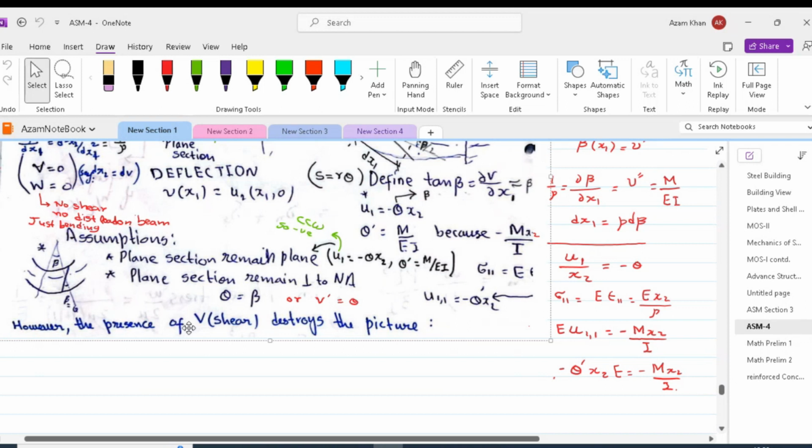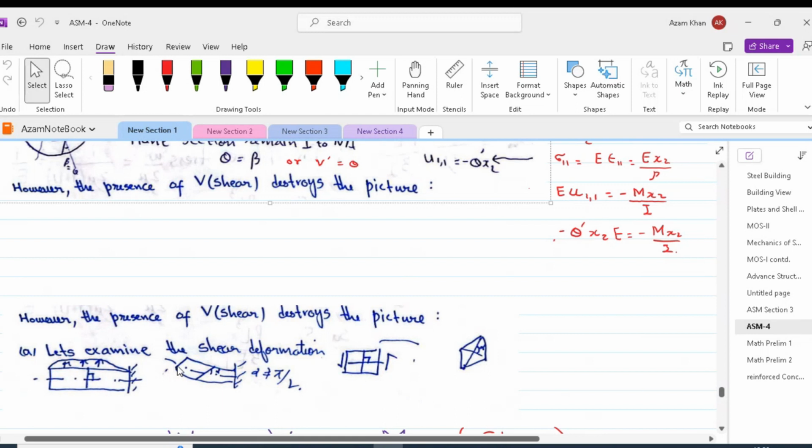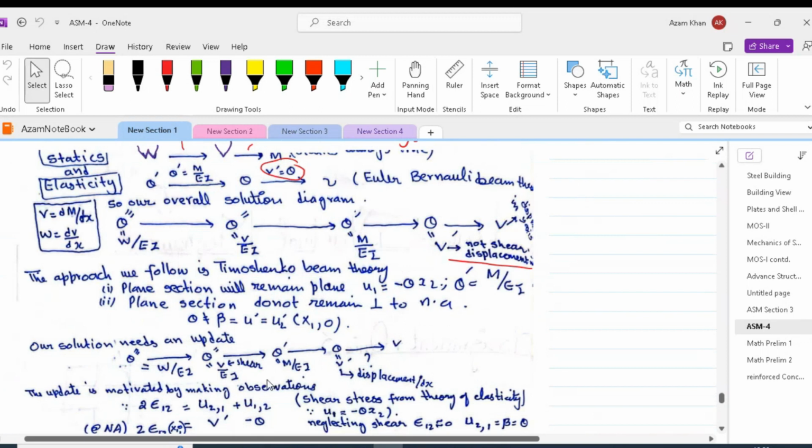So Timoshenko beam theory also assumes plane sections remain plane. The only place where it differs from Euler-Bernoulli beam theory is that it doesn't consider the vertical fiber after deformation remaining perpendicular to the neutral axis.